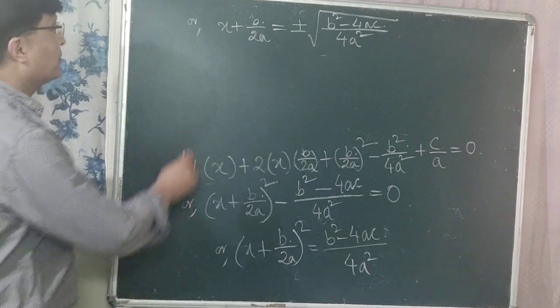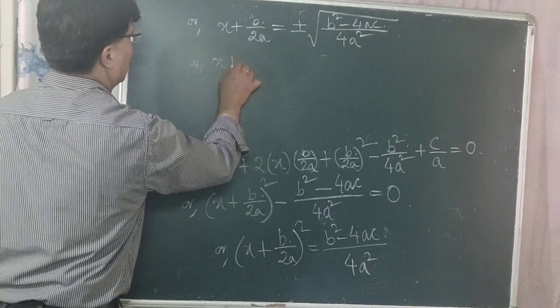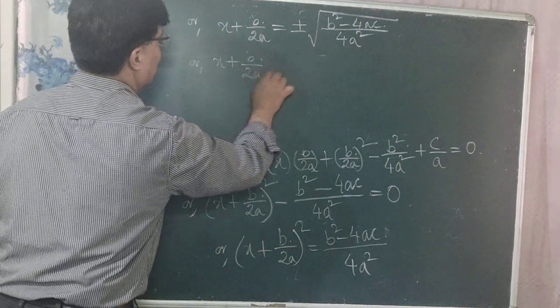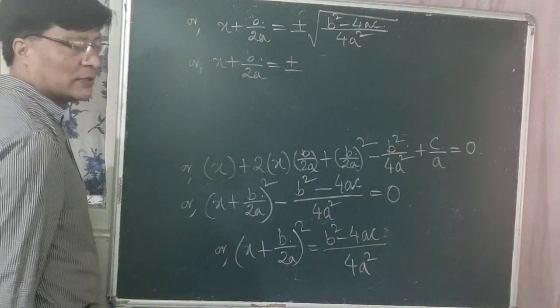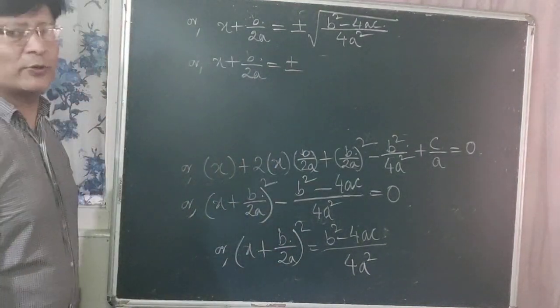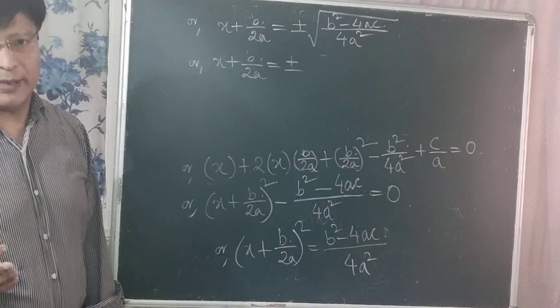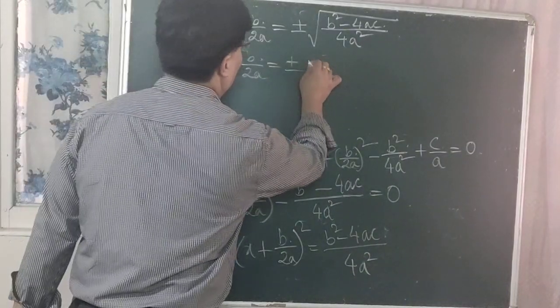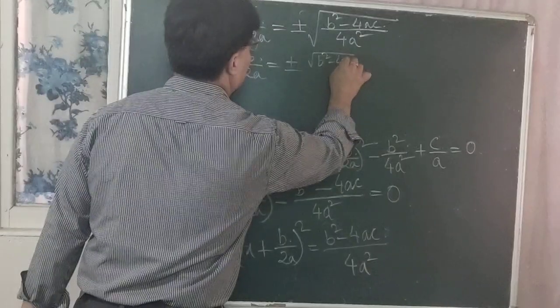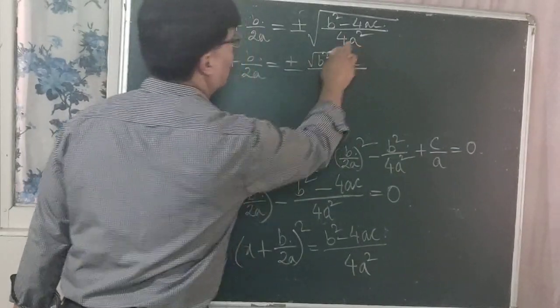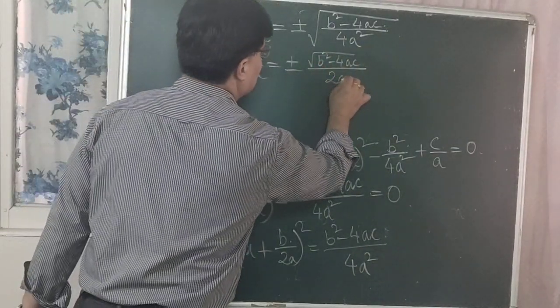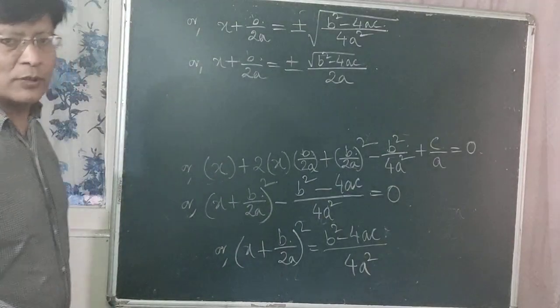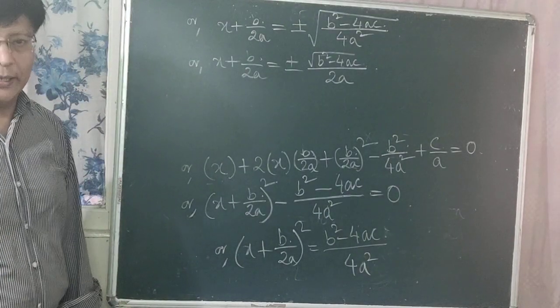Is it clear now? Now b square minus 4ac, its square root cannot be determined, so you have to write it within the square root, divided by, what is the square root of 4a square? It is 2a. The square root of 4 is 2, and the square root of a square is a, so 2a.